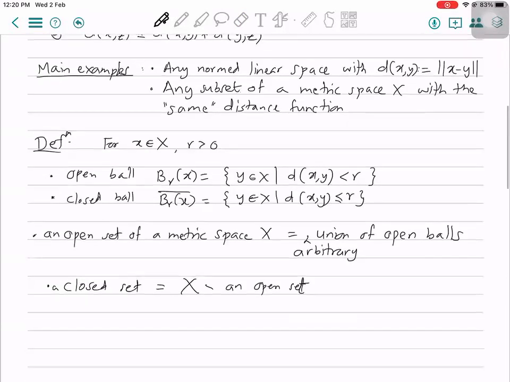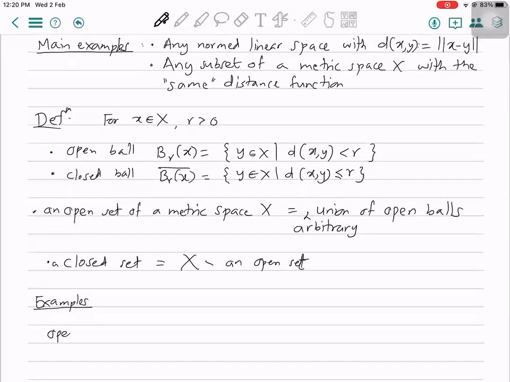Let's see examples of open sets, and you can say open sets in R^n. But before that, some simple examples.